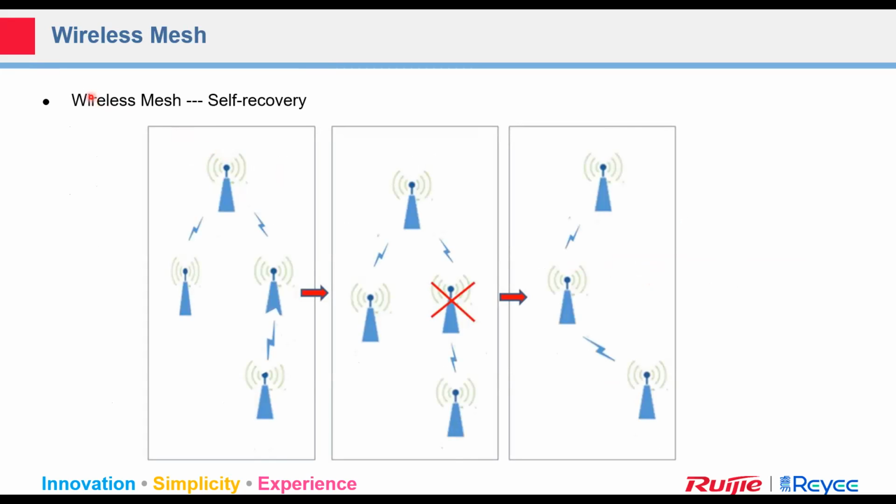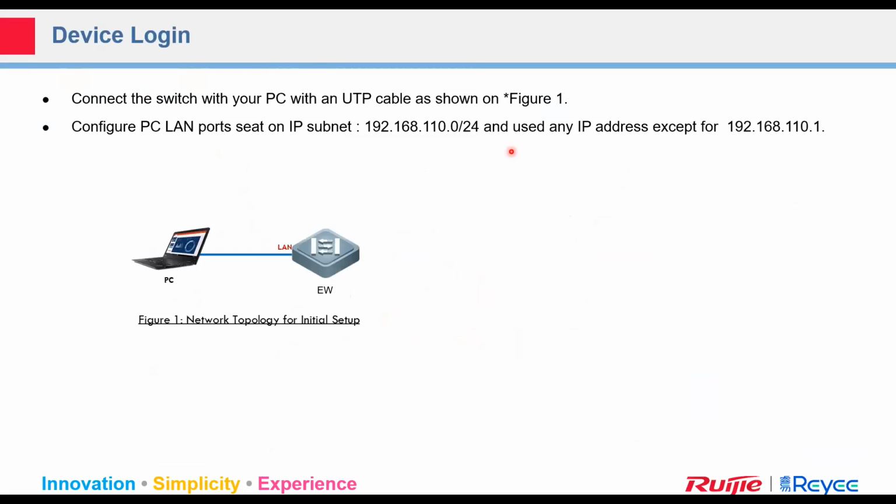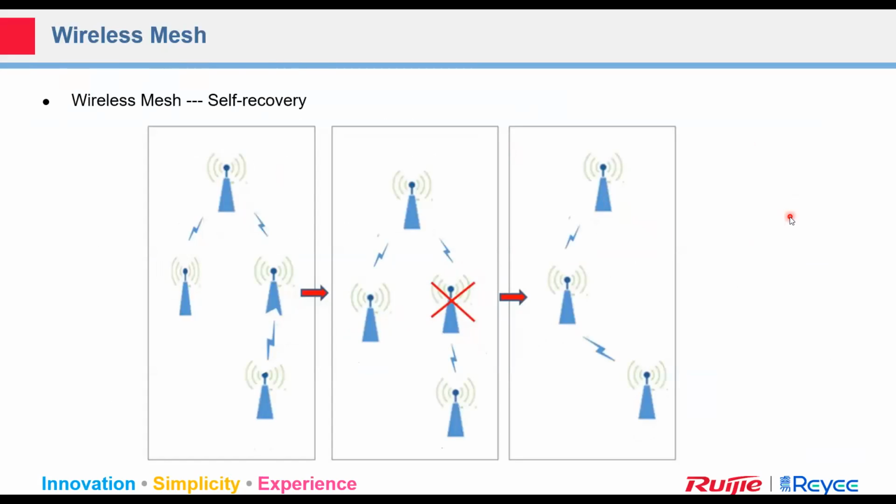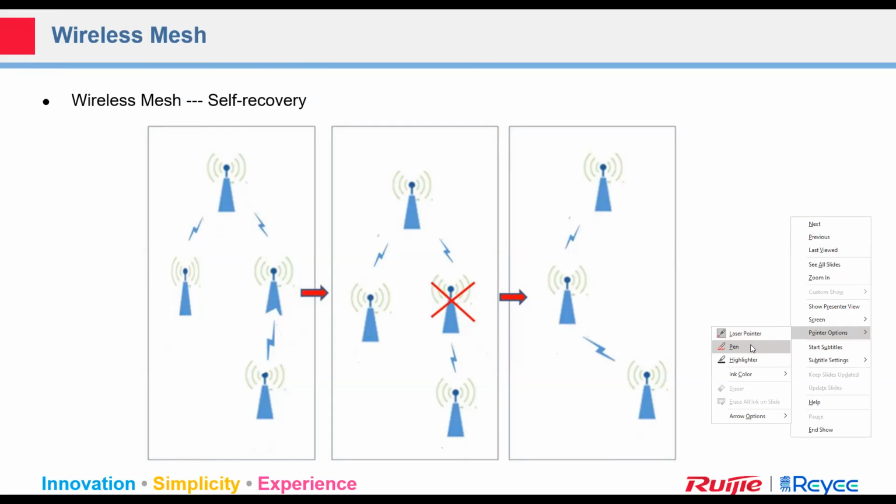Wireless mesh self-discovery happens if one of the mesh members powers off, is lost or unresponsive. What happens is it will switch over to a different member. Let me draw this.